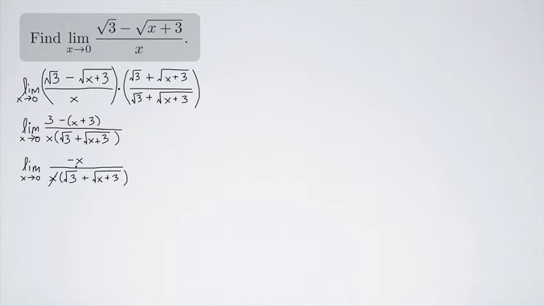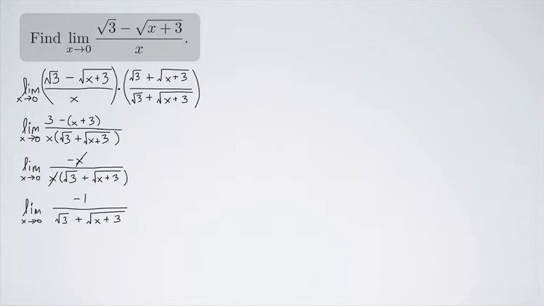So that goes away, and so I'm left with the limit as x approaches 0 of negative 1 on top. That's very nice. And then the square root of 3 plus the square root of x plus 3 in the bottom. And now I can use my limit laws. I can evaluate the limit of the numerator and the limit of the denominator separately because I don't have a problem in the denominator anymore.